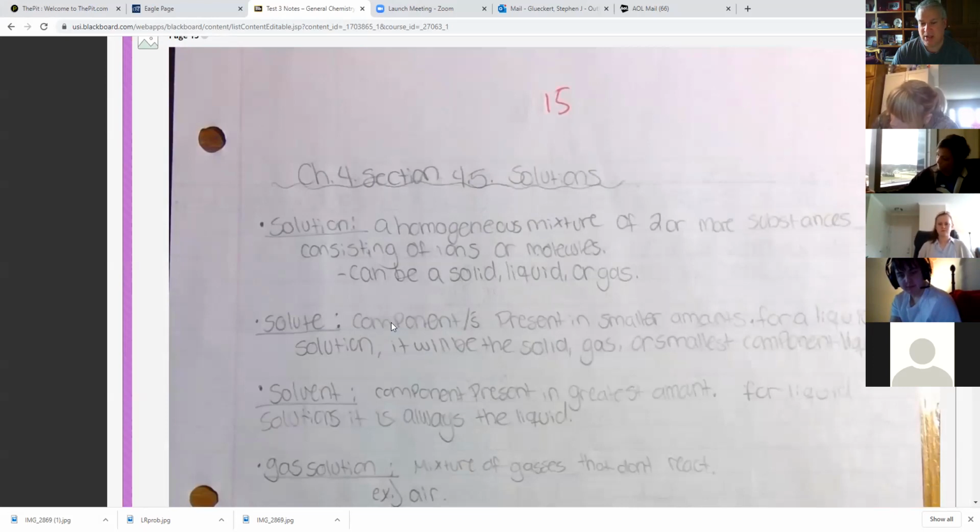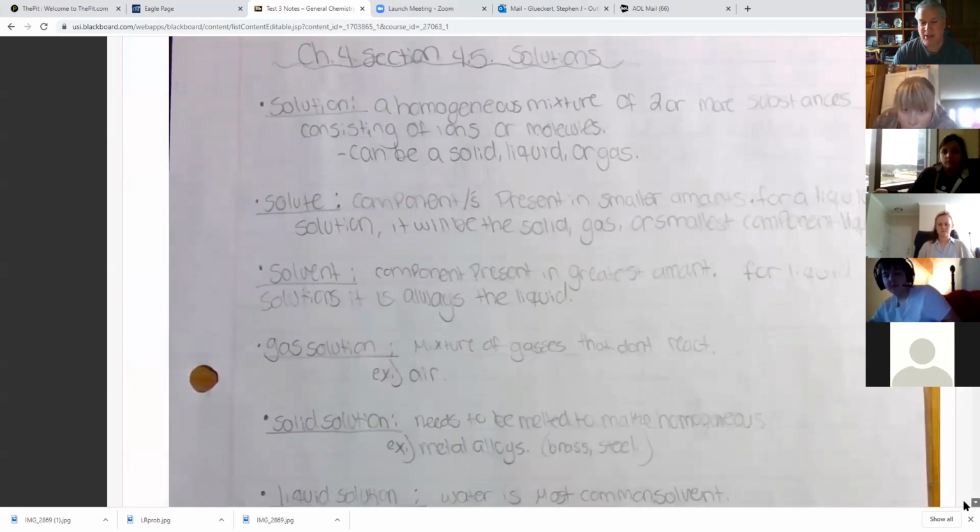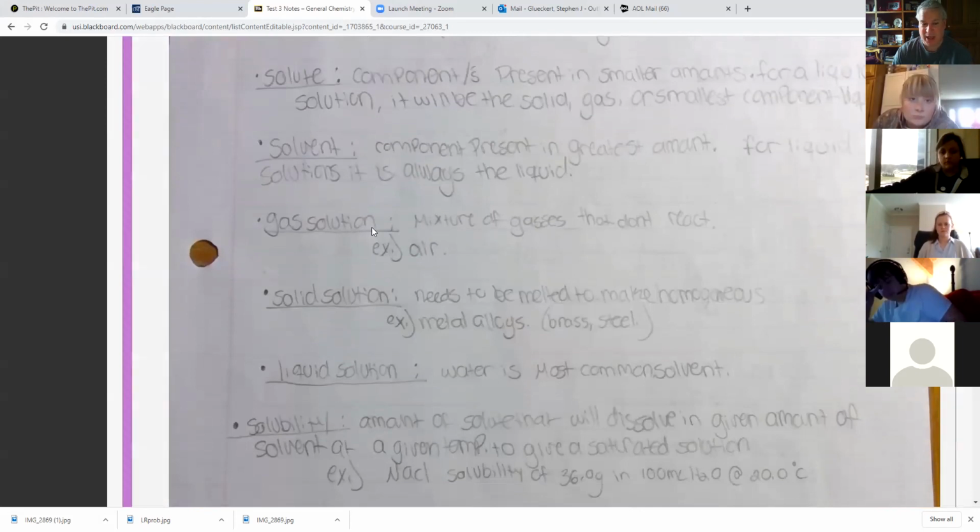The solute is the stuff that is dissolved. The solvent is the stuff that it's dissolved in. It is possible to have gas solutions. A very good example of a gas solution is air. It's possible to have solid solutions. A good example of a solid solution is brass, steel.